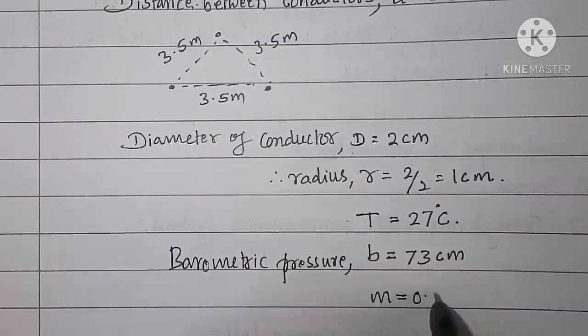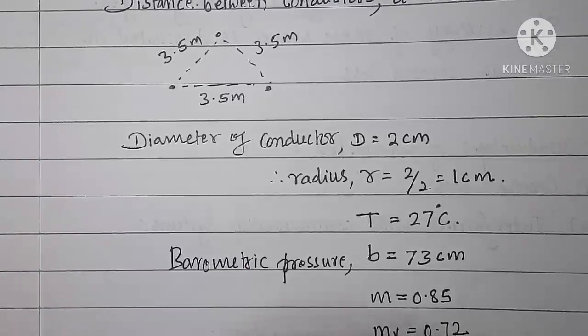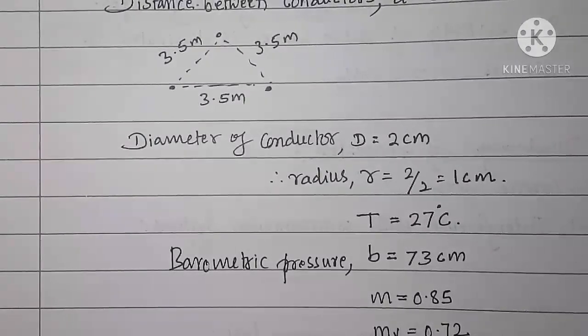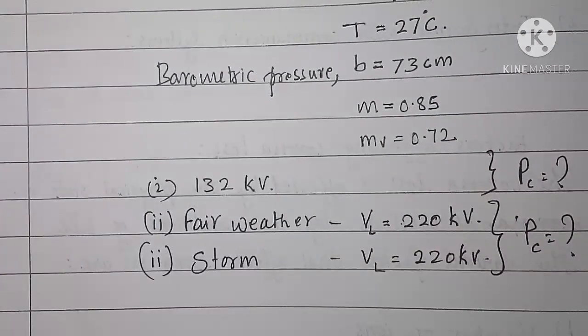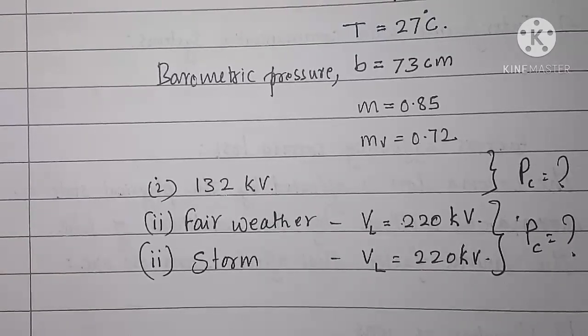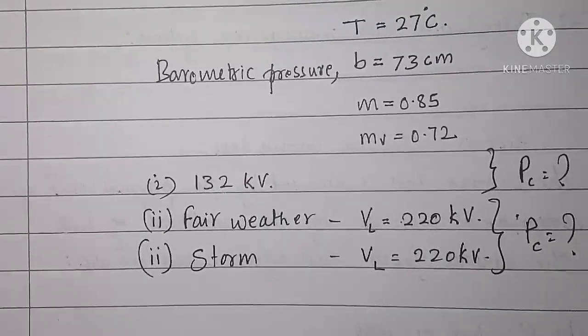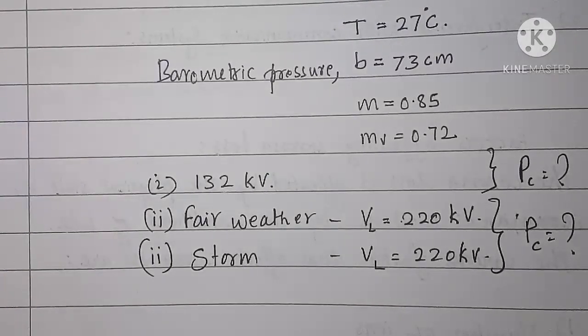M is 0.85 and MV is 0.72. We have to find critical disruptive voltage, visual critical disruptive voltage, corona loss at 132 kV operating voltage, and corona loss at operating voltage equal to 220 kV and fair weather conditions.